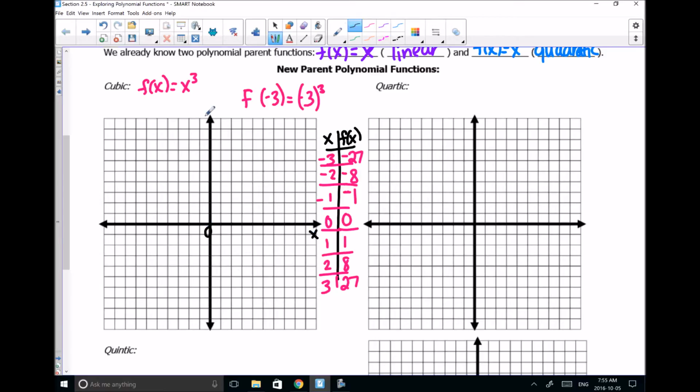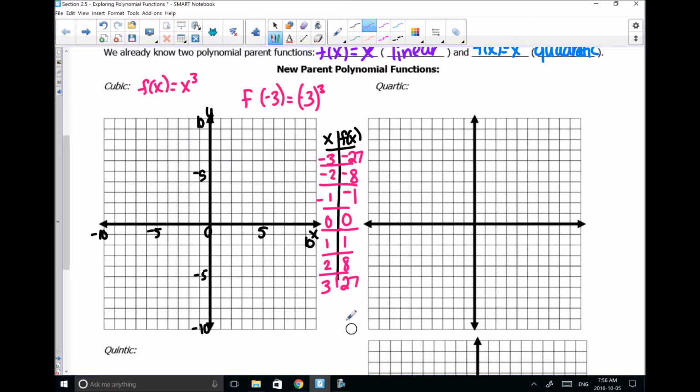Okay, so let's go ahead and set up our axes. So I'm going to label this my x-axis, my y-axis, and then I'm just going to go by 5s. So that's 5, 10, -5, -10. And then I'm just going to go ahead and graph it out.